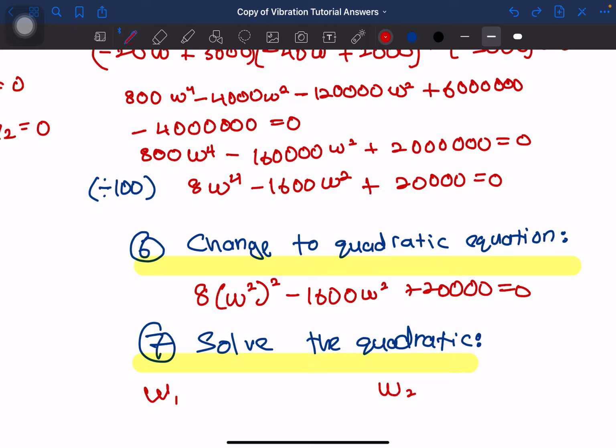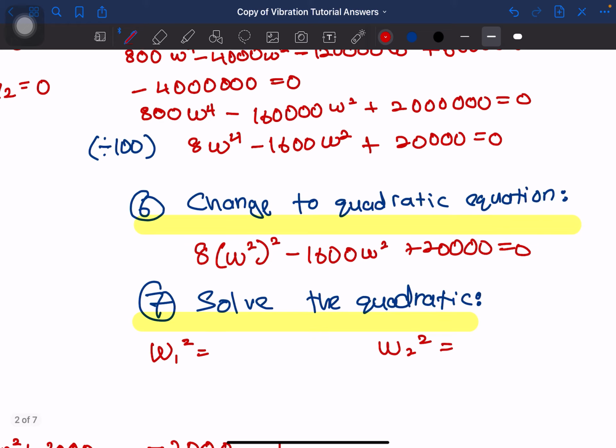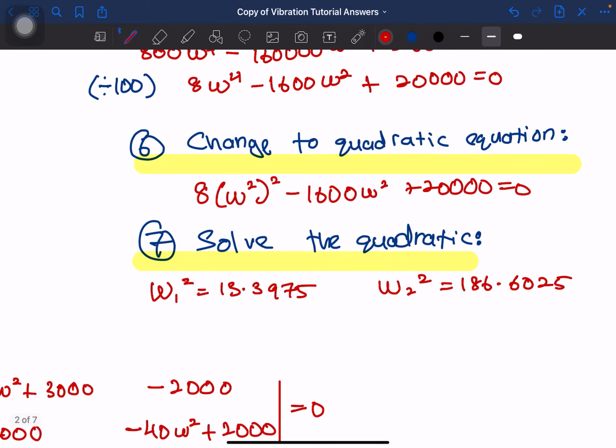So if you get your answers x and y, it is actually omega 1 square and omega 2 square. Omega 1 square you'll get from your calculator to be 13.3975, and omega 2 square you'll get to be 186.60225.